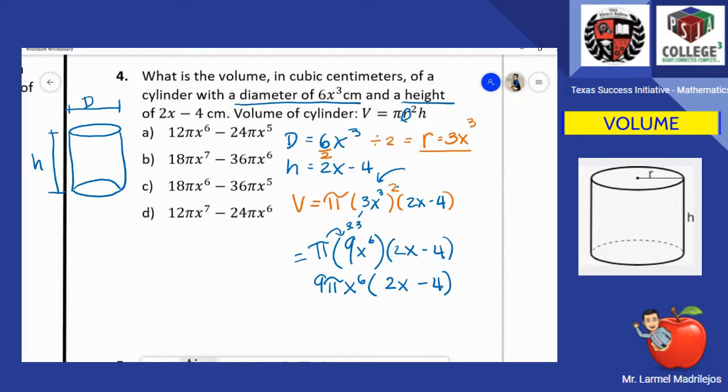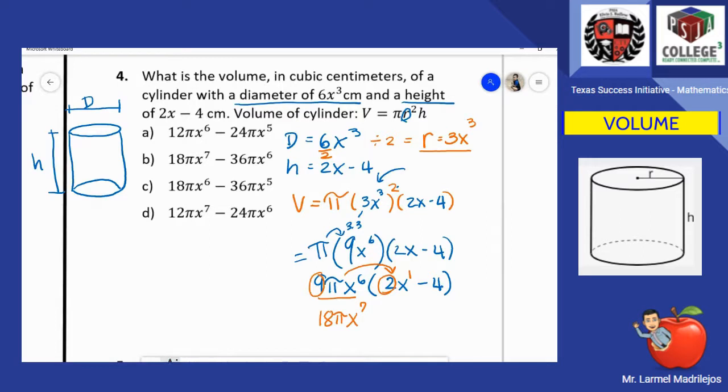The next I'm going to do is distribute this number to both terms inside the parentheses. So 9 times 2, that's 18. I don't need to multiply the pi. I'm just going to write pi and then x to the 6 plus 1, because x to the 6 times x to the 1 is adding, x to the 7.